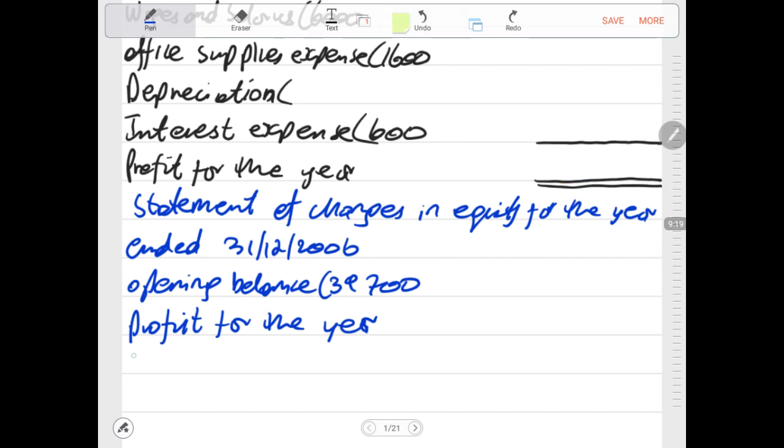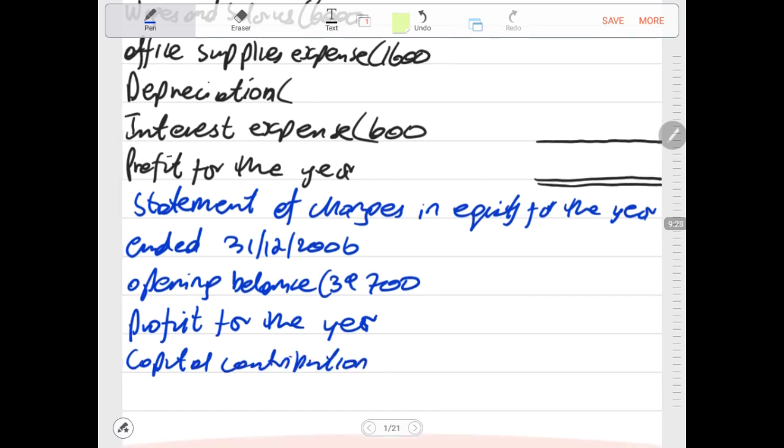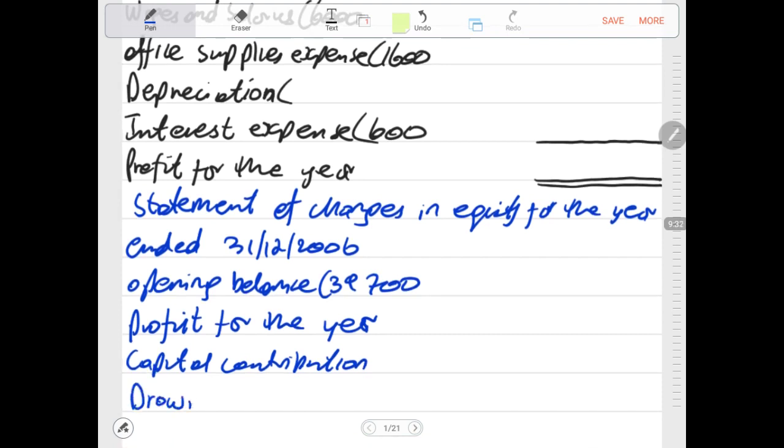Then after, if there was capital contribution during the year, that capital contribution must be taken into account. If there were drawings during the year, then those drawings will be recorded here as negative. Then after, we will get to the closing balance.